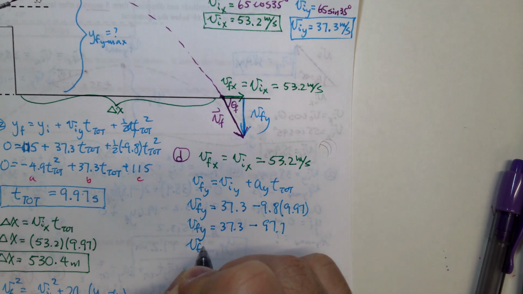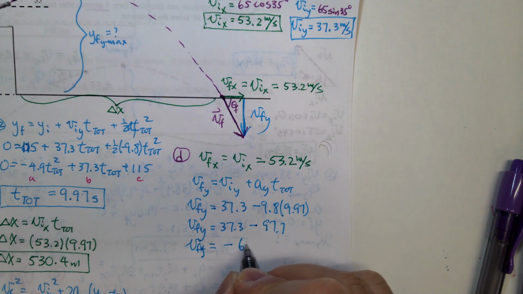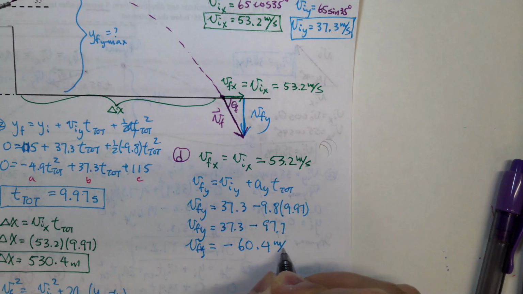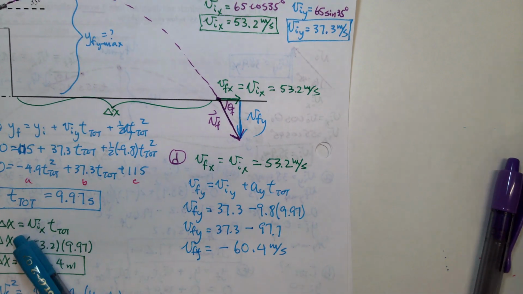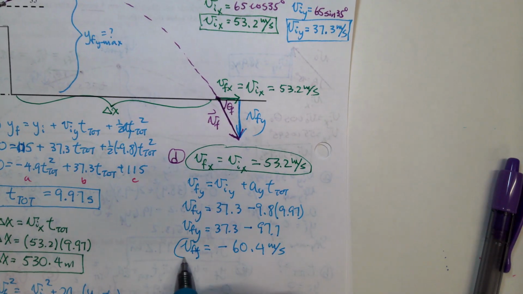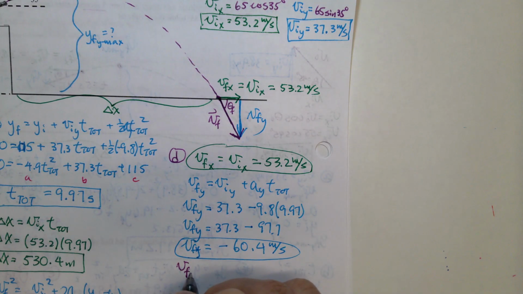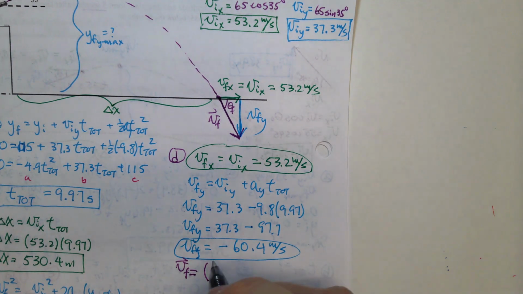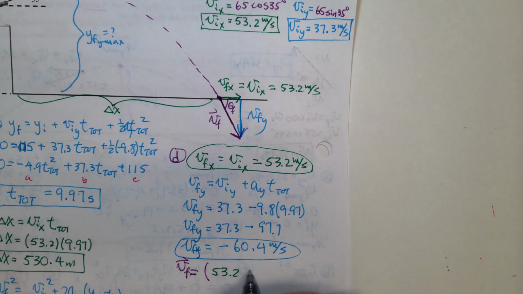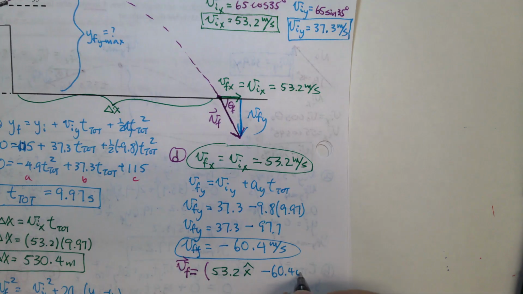So my VFY is equal to negative 60.4 meters per second. So we know now these two final velocities in x and final velocity in y. So my VF is equal to 53.2 x hat minus 60.4 y hat meters per second.